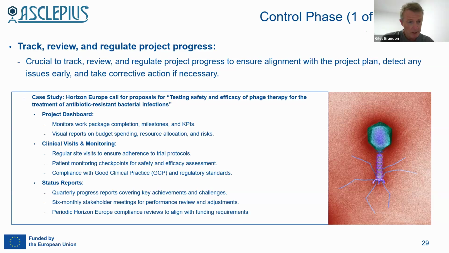With our case study, these are things that we might want to consider. We might want to have what's called a project dashboard. A project dashboard is something which is visible to team members.